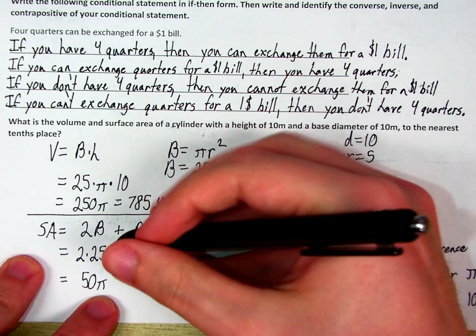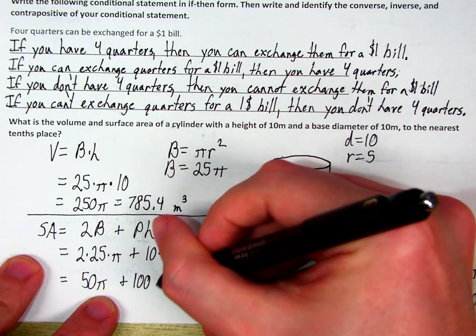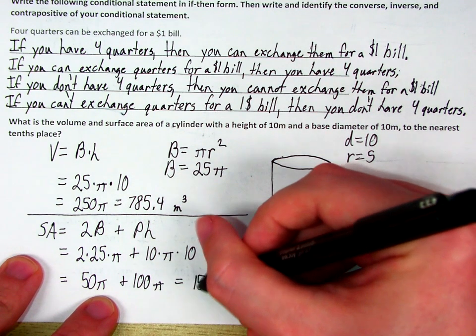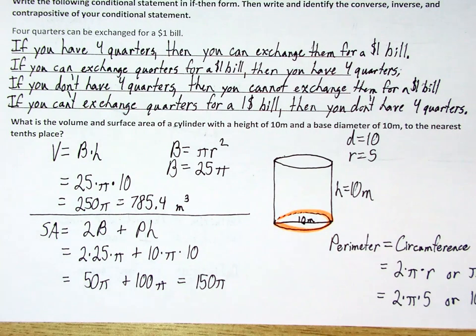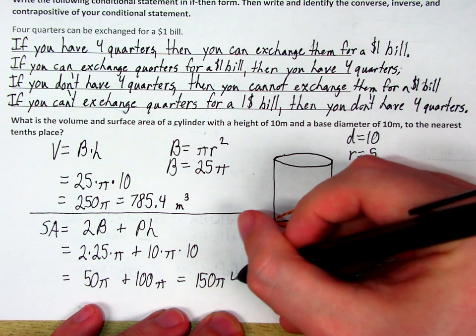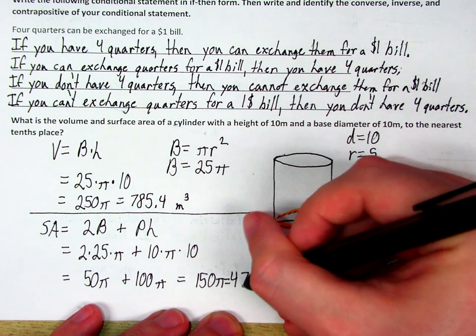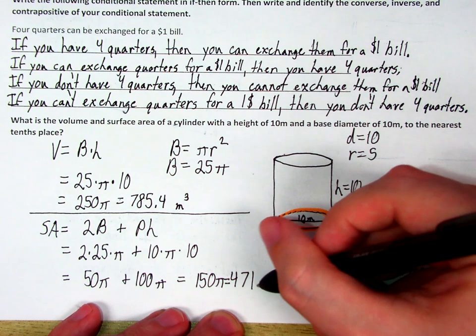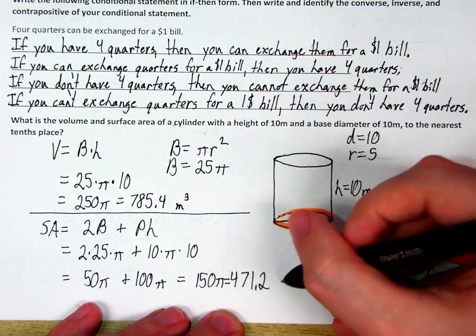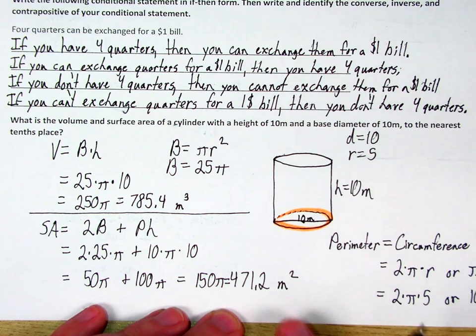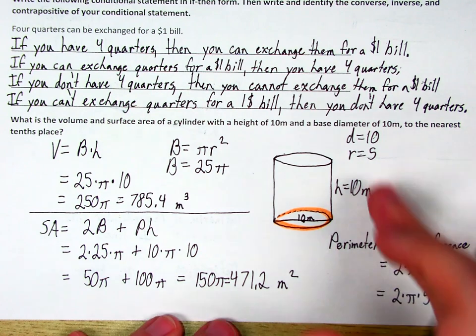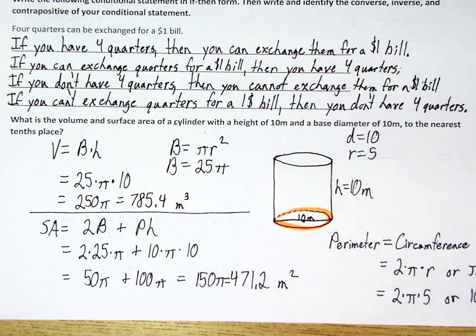This will be 100 pi. Altogether, that's 150 pi. We'll multiply that in our calculator. 150 times pi. We get 471.2 meters squared, or square meters, for our surface area. That's for our notes.